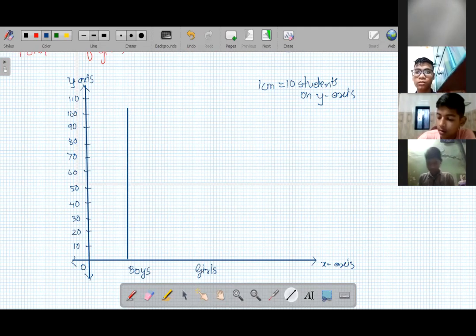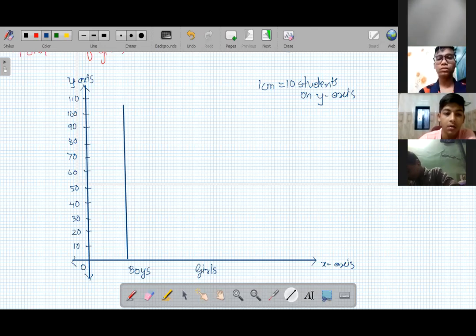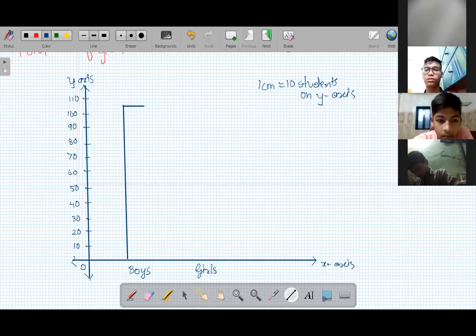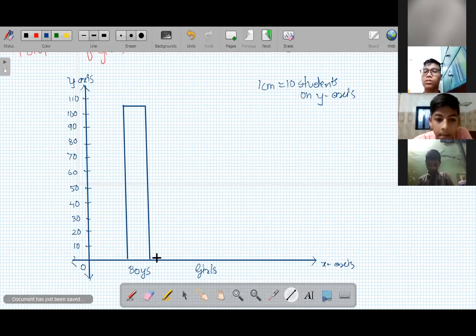This is 100, so 106 should be here. On your graph paper, you will get exactly 106. So I'll draw the bar for 106 for boys. This is the bar for the total number of boys, 106.